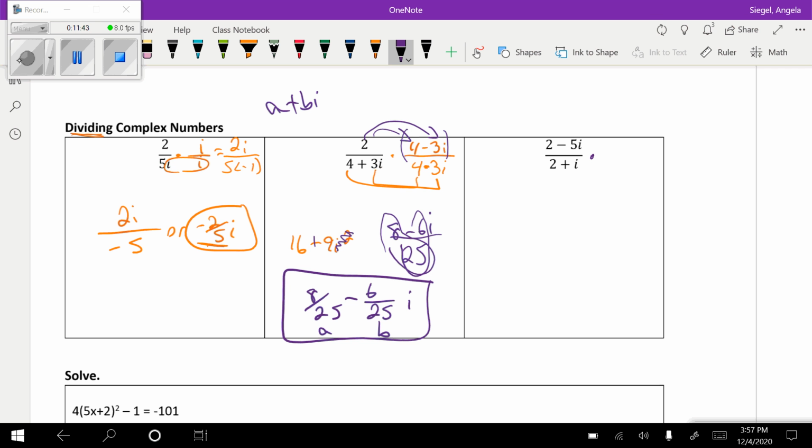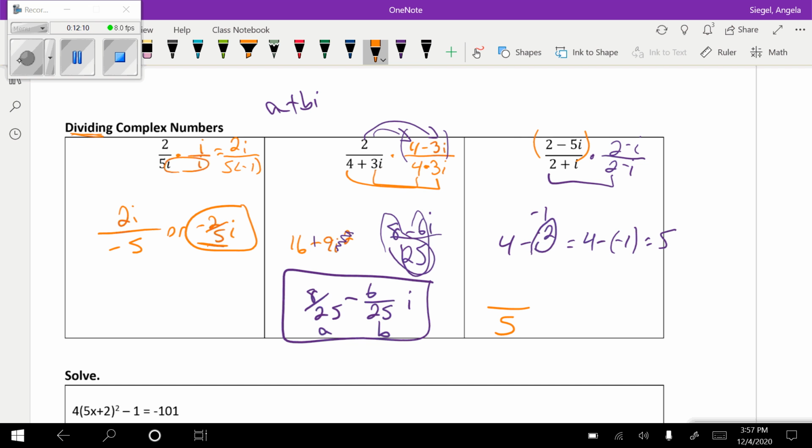Okay, so the last one, I'm going to multiply it by 2 minus i. So on the bottom, I have 4 minus i squared. So this is a little bit different. So i squared is negative 1. So I have 4 minus negative 1, which is 5. So I know that I'm going to have a 5 on the bottom.